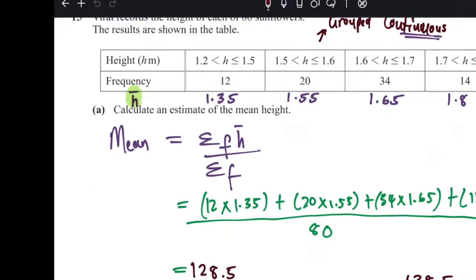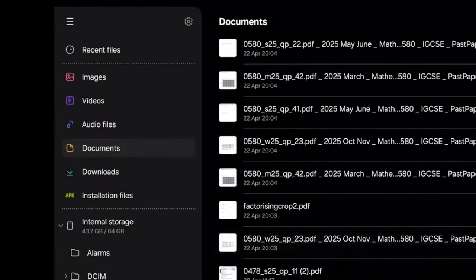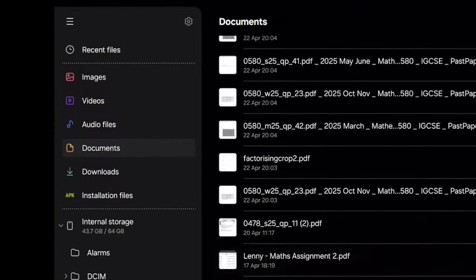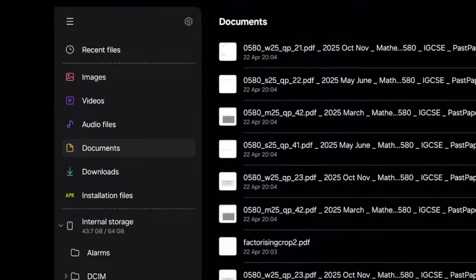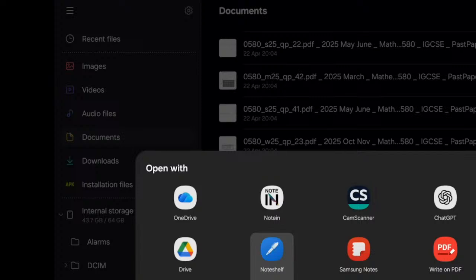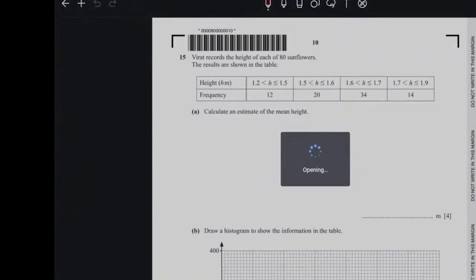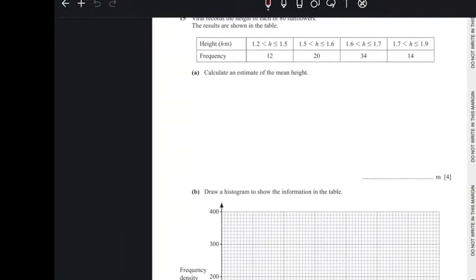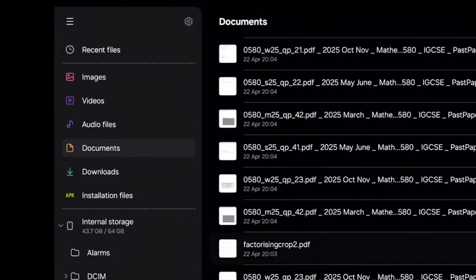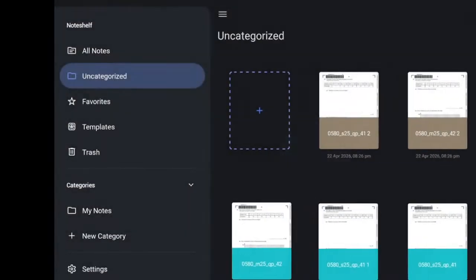All right, let me go back to documents. Let's move. I think you now know how to do it. Give me a sec. What is this?